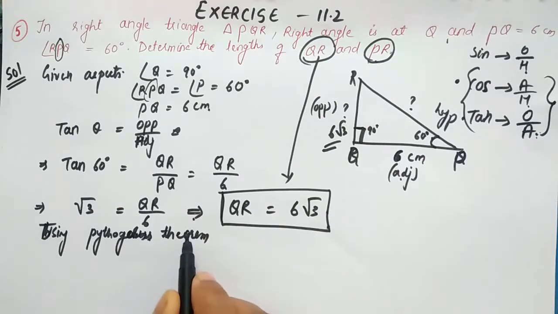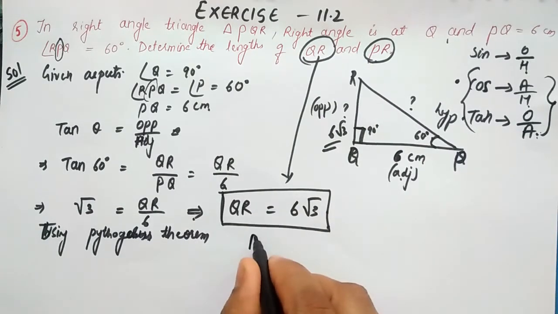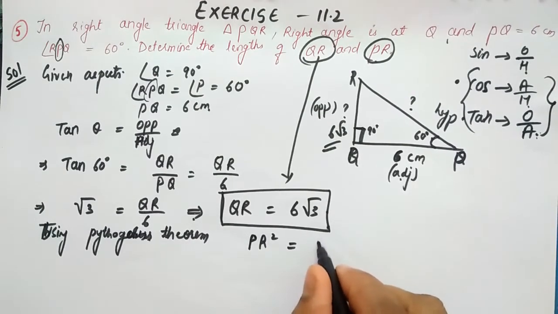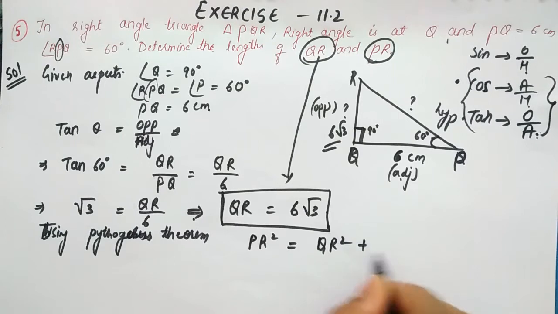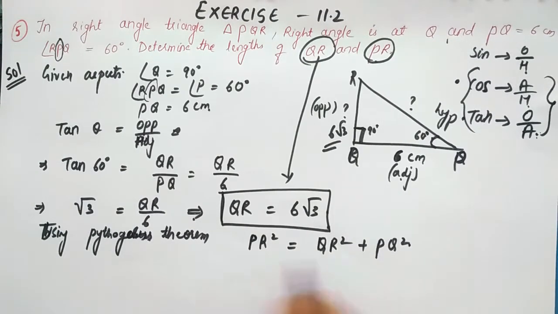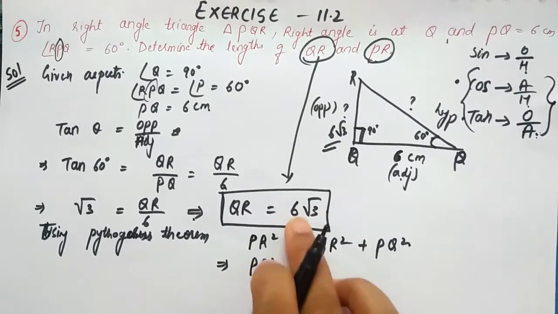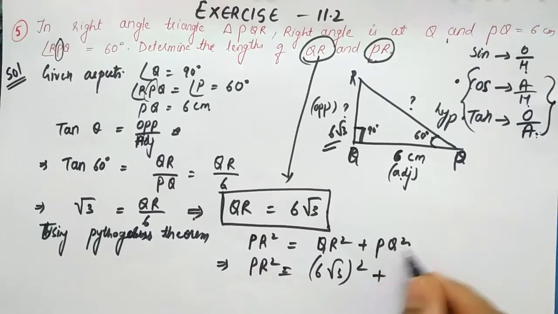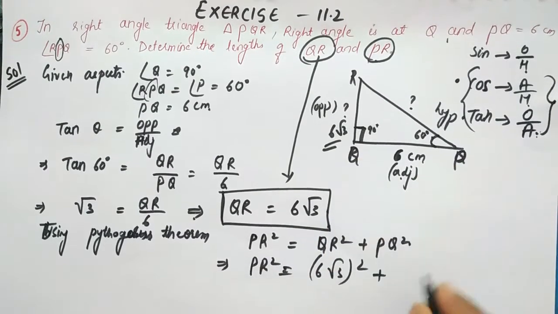By the Pythagoras theorem, PR square equals QR square plus PQ square. We don't know PR square. QR is 6 root 3, the whole square, plus PQ square, and PQ is 6 centimeters.